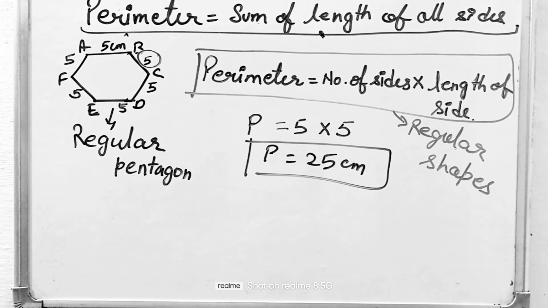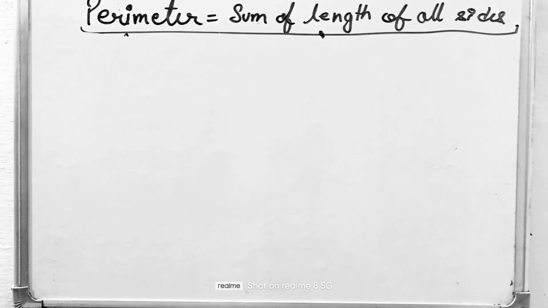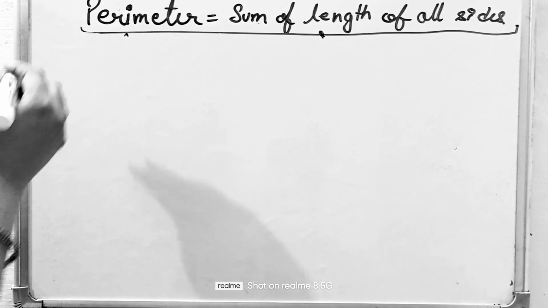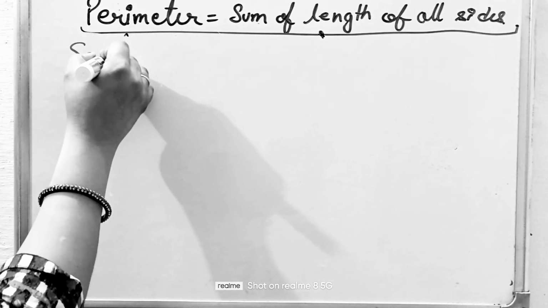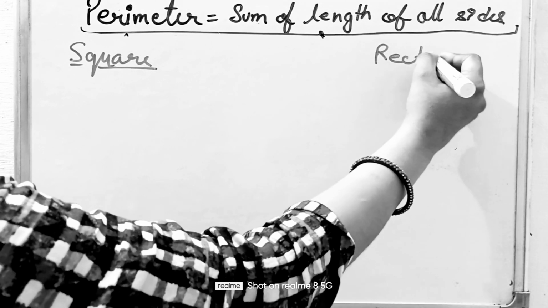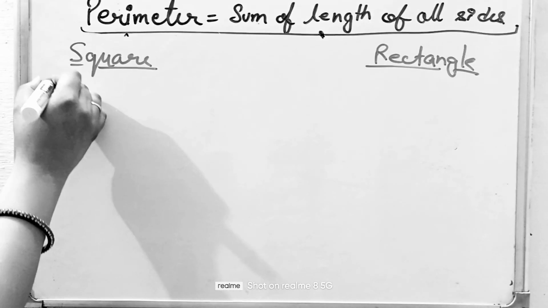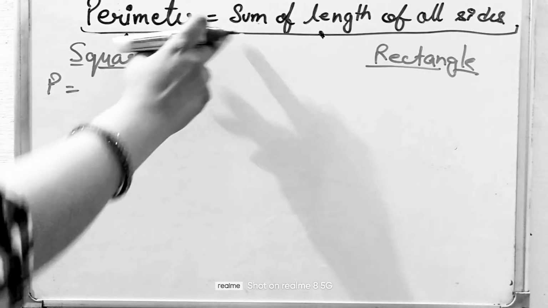Right? By this, what happens? We got formulas for our two shapes. One shape is square and another is rectangle.